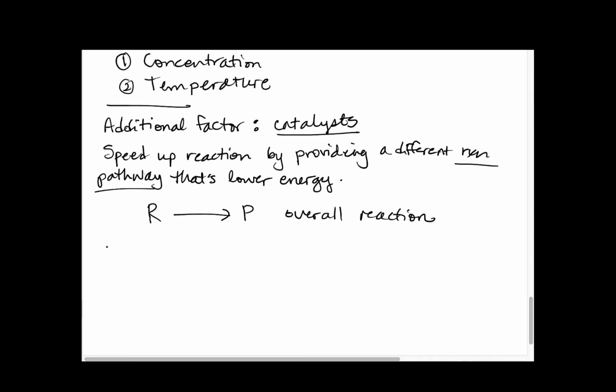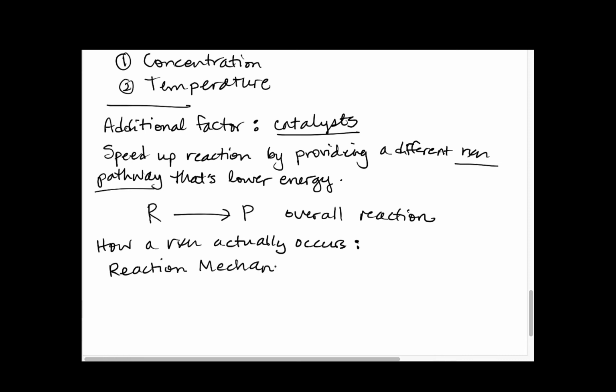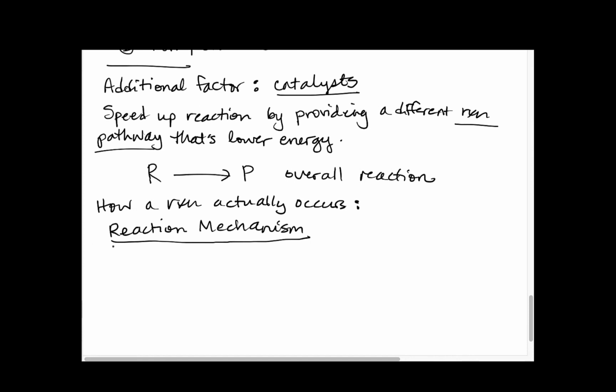But then when we think about how a reaction actually occurs, we describe this as a reaction mechanism. And I'll show you an example of a reaction mechanism in just a minute. So this reaction mechanism is what steps a reaction actually goes through.